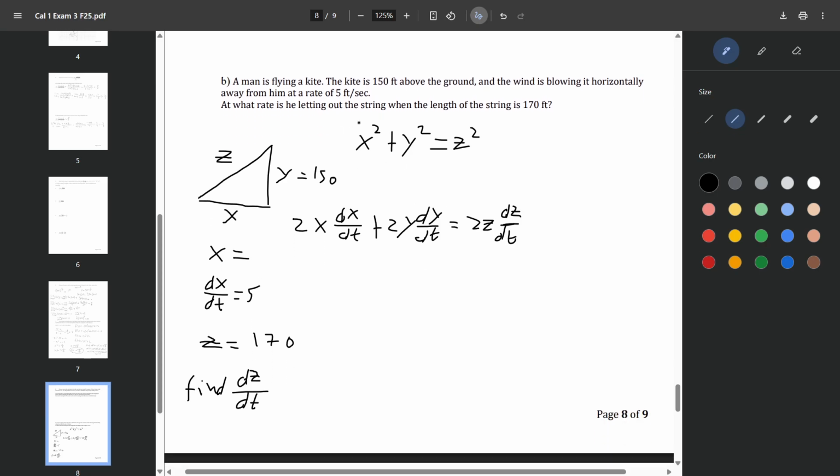So we're first going to find x using the first equation. Excuse me for a second.